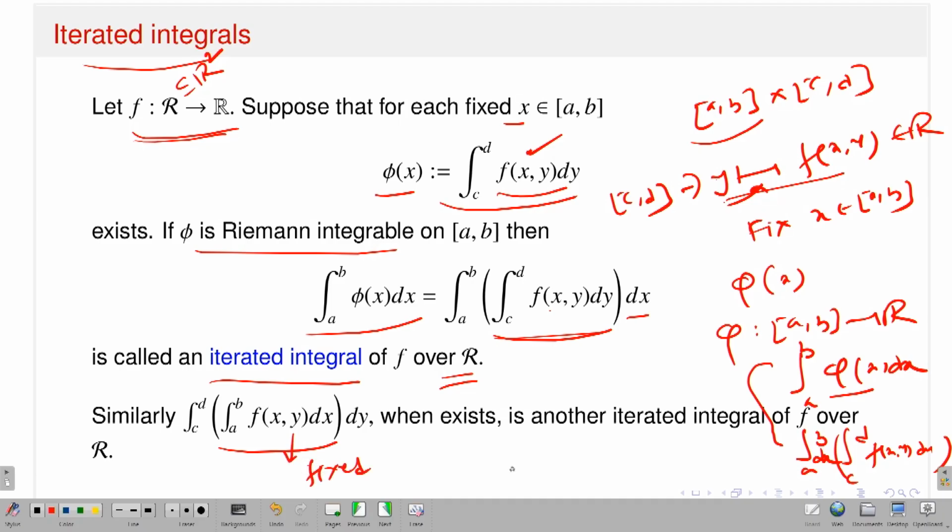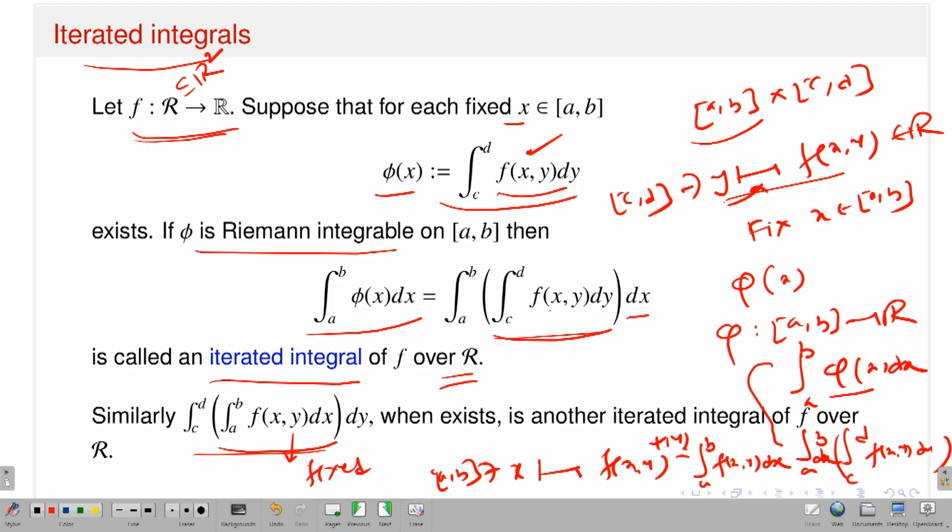For each fixed y, you consider the function x goes to f(x, y) over the interval [a, b]. Suppose this function is integrable, in other words, suppose the integration from a to b of f(x, y) dx exists, you define this as a function psi(y), and if psi is integrable, then again I will say that this is an iterated integral of f over R.